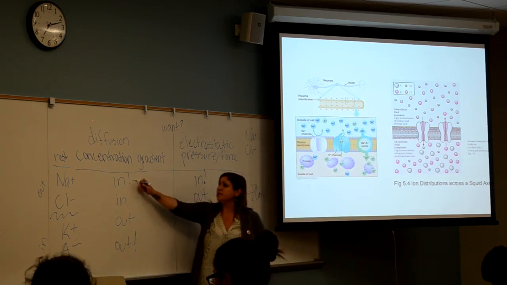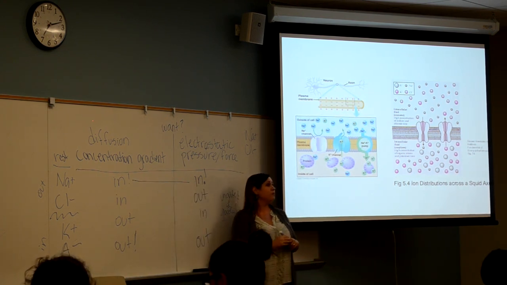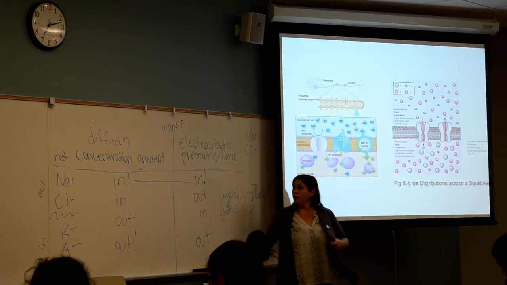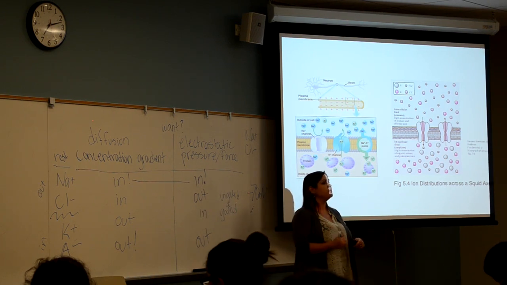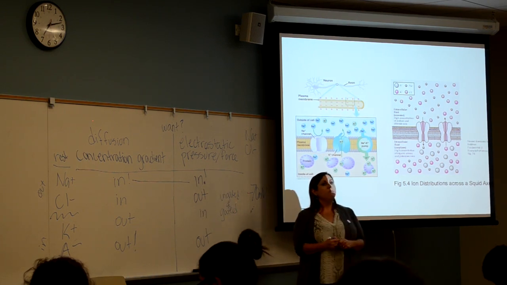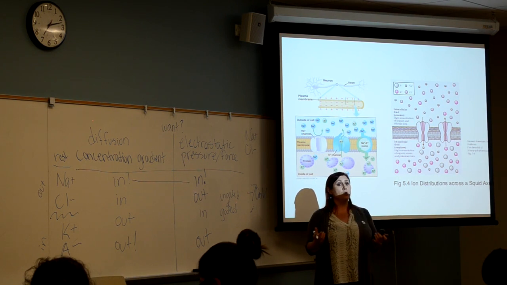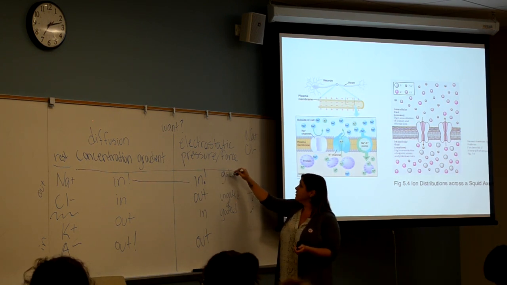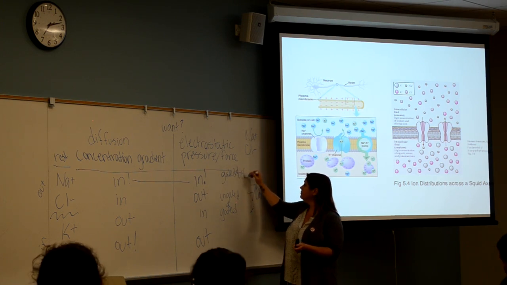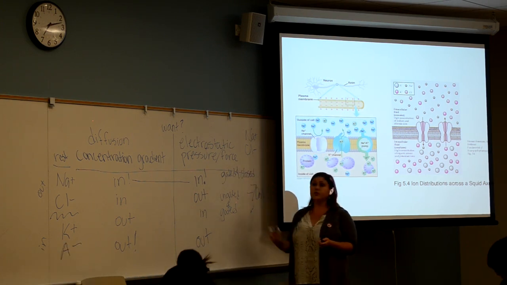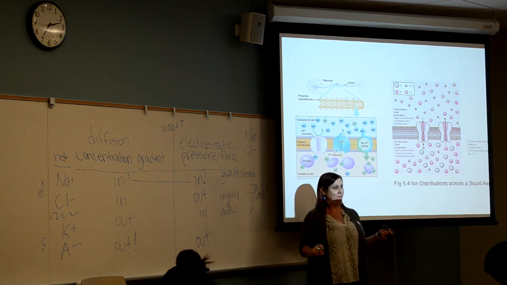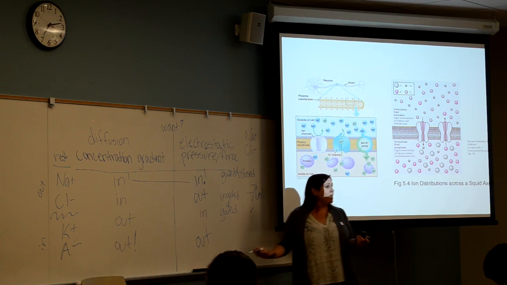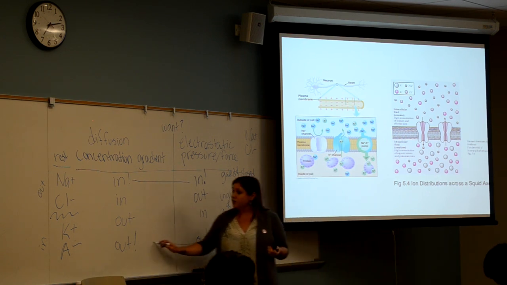Sodium wants the same thing according to electrostatic pressure and diffusion. Both of those forces want sodium to go in. But all of the channels for sodium are gated and closed. So sodium can't come in. For anion A, both of the forces want it to go out.